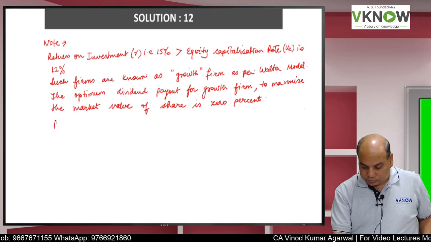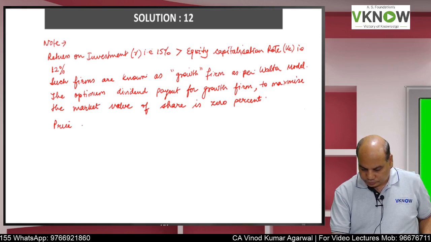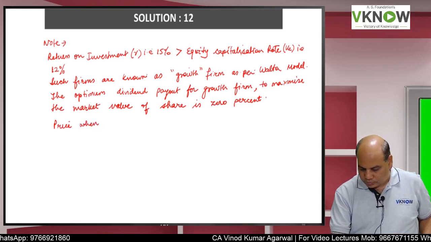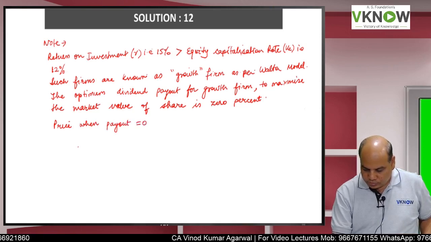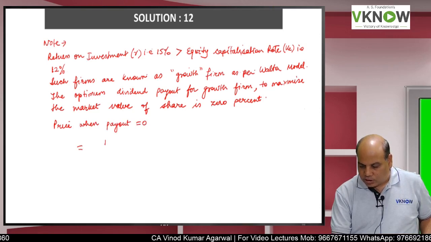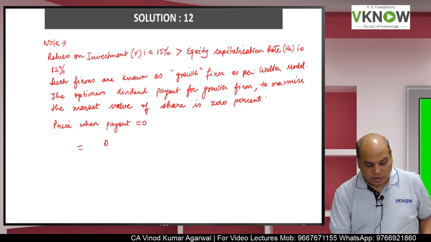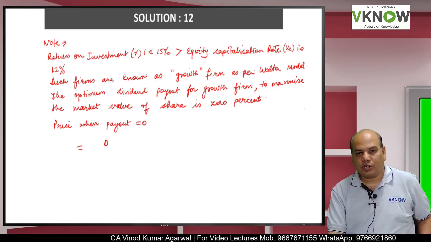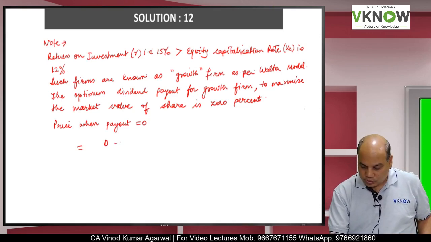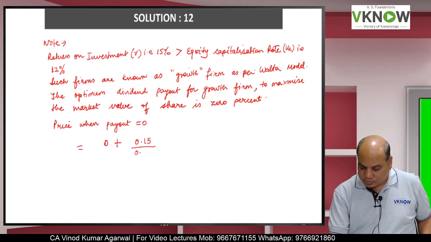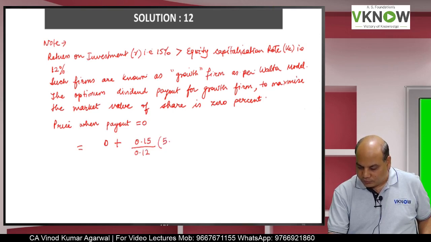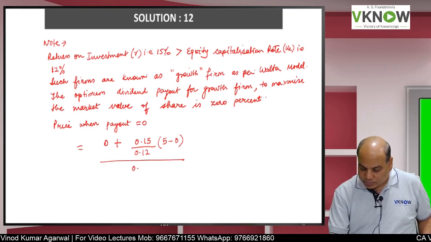And then write down price when payout is 0 is equal to, the formula I have already written, so I can directly write now, because in the same question there is no need to write the formula twice. 0 plus 0.15 divided by 0.12 into bracket 5 minus 0, divided by 0.12.